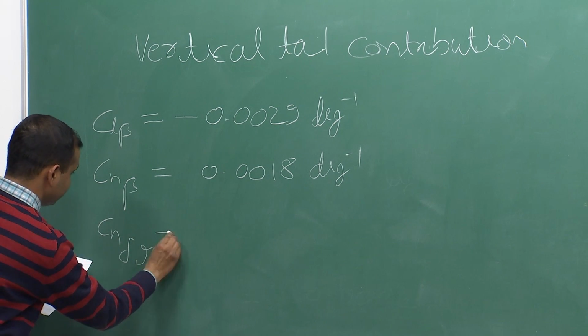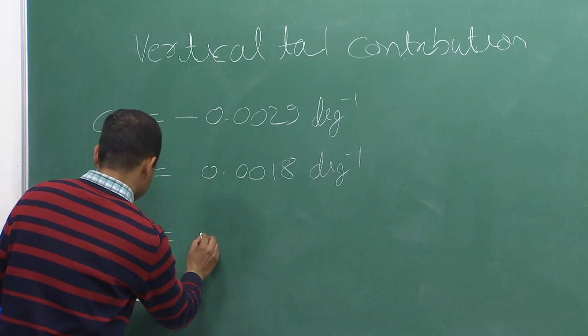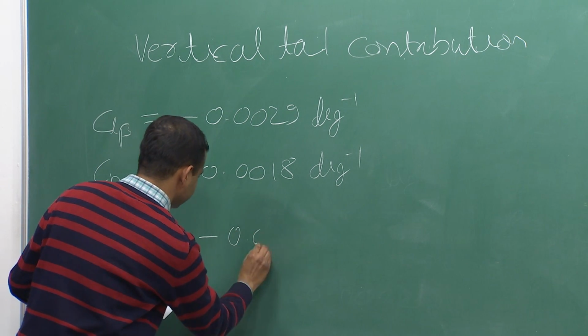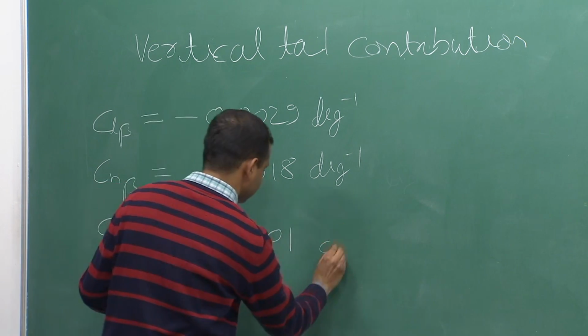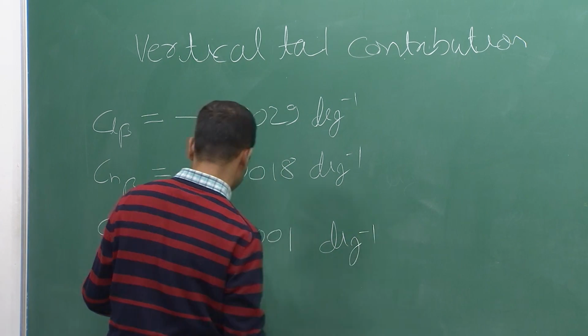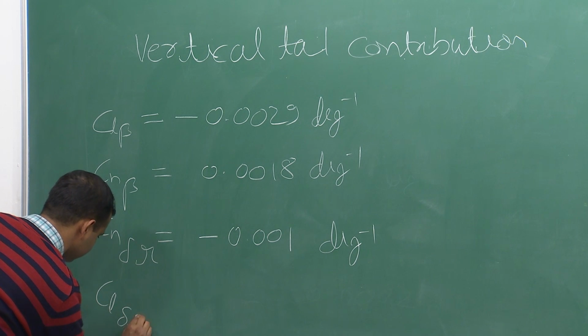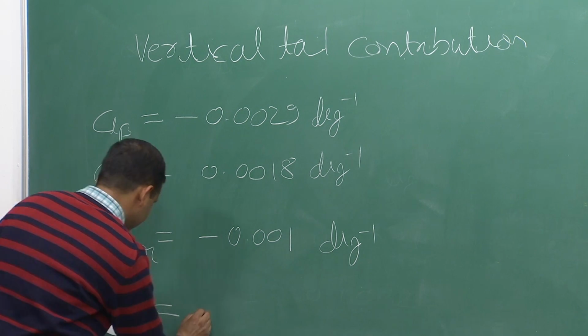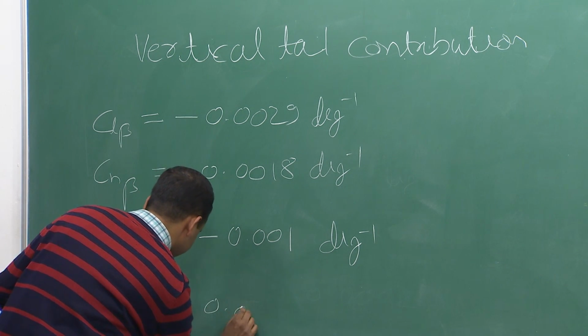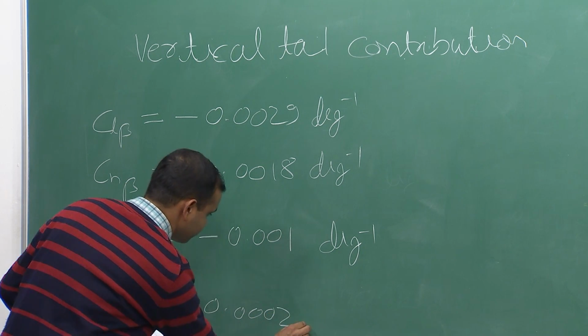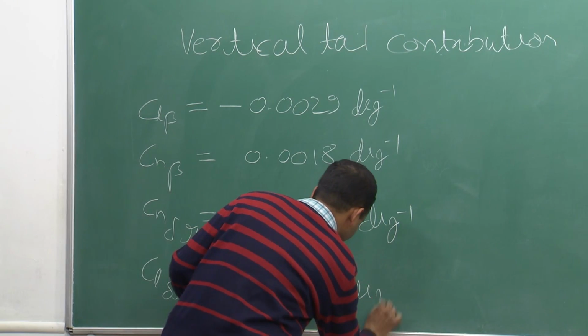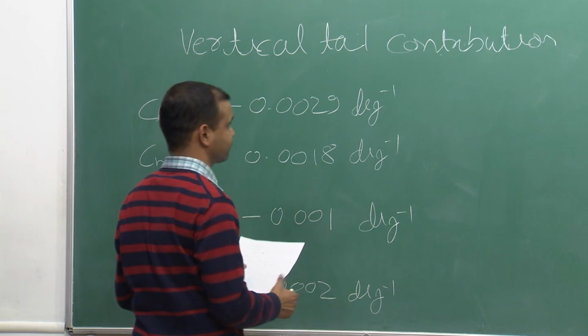Cn delta r is minus 0.001 per degree, and the Cl delta r is 0.0002 per degree.